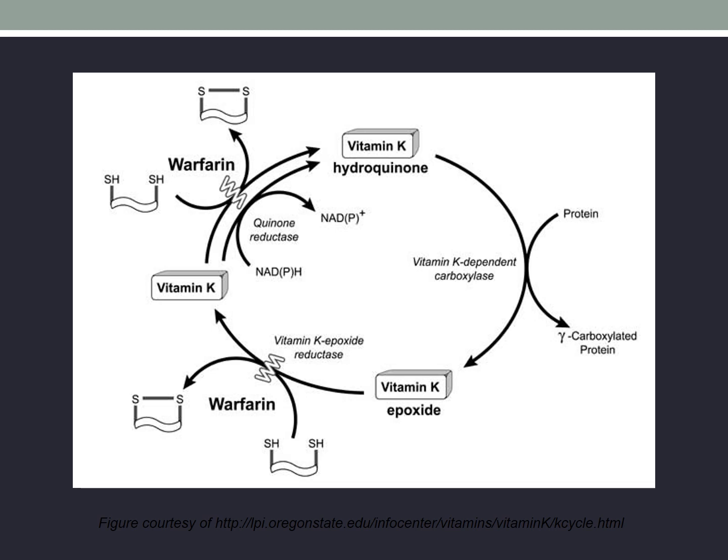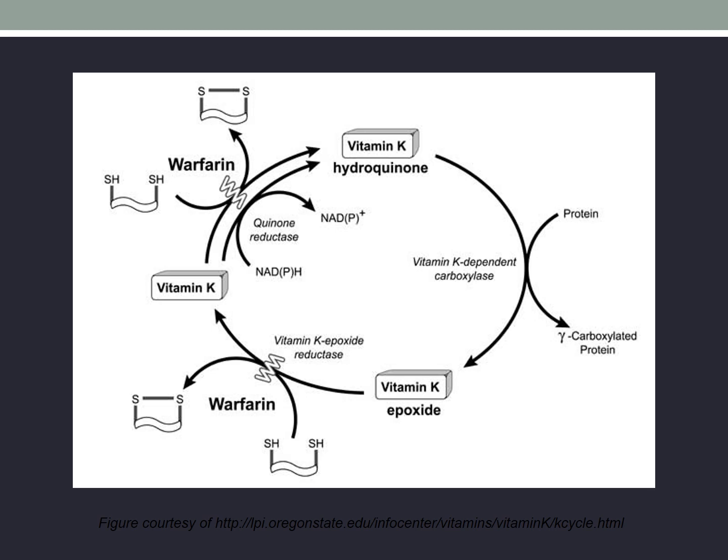Vitamin K hydroquinone at the top of the slide is the active form. So this active form of vitamin K is used in the synthesis of clotting factors. On the right-hand side of the slide, you see protein moving to carboxylated protein, and this represents the synthesis of the clotting factors. Active vitamin K is necessary in the process.